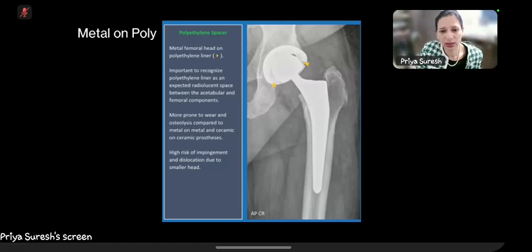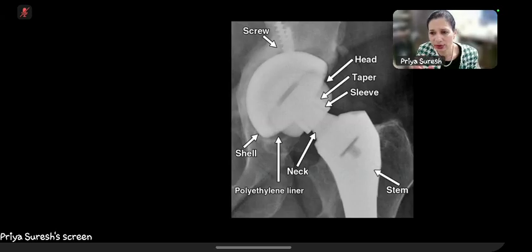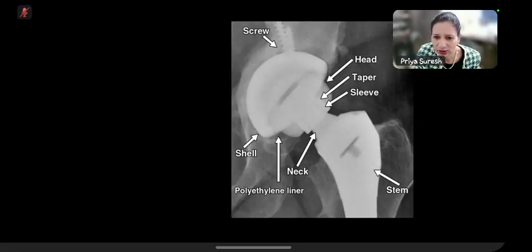So let's look at what are the different things, and where's the polyethylene liner here. Okay, so you have the head itself, the stem, then you have the head, and then this loosened thing here between the acetabulum and the femur. Okay, that's the acetabular component. That is the polyethylene liner that you're getting.